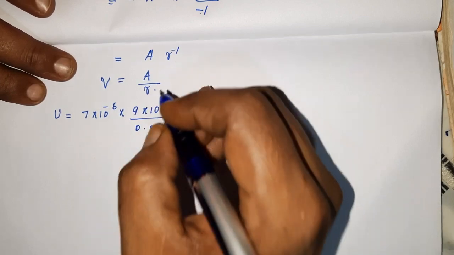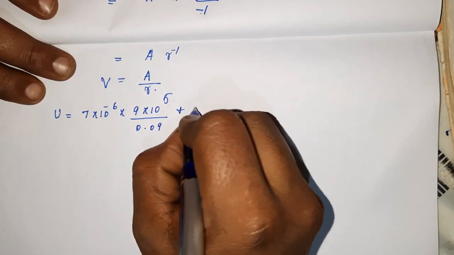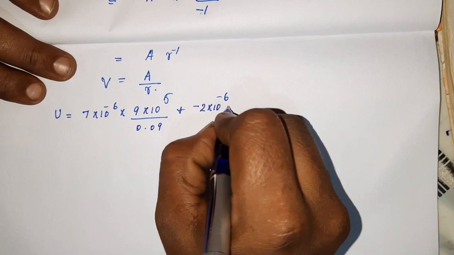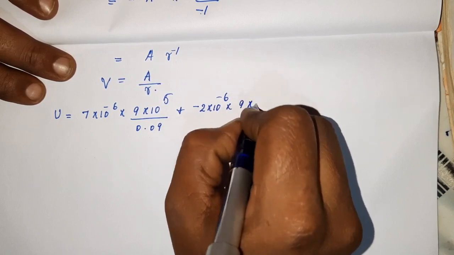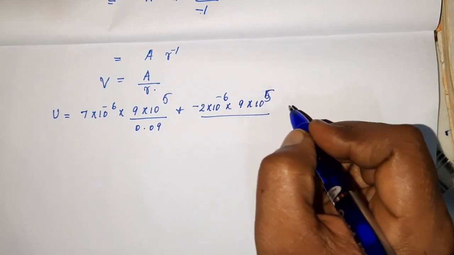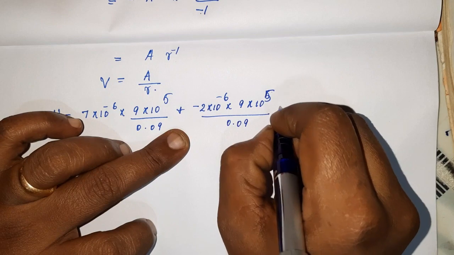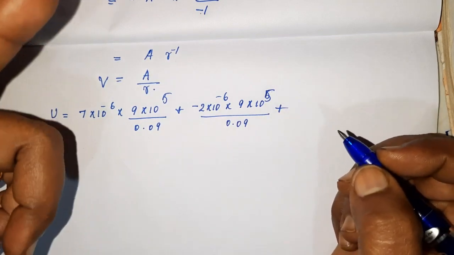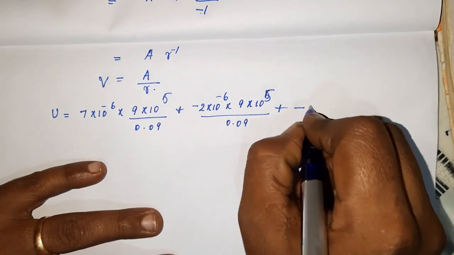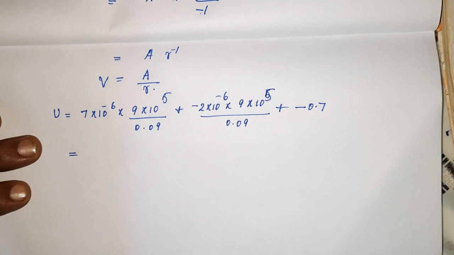Then plus Q2 into VB. What is Q2 into VB? Minus 2 into 10 raised to minus 6 into A is 9 into 10 raised to 5 divided by 0.09, plus the next term, as I told already, that is minus 0.7. This calculation we have to do.